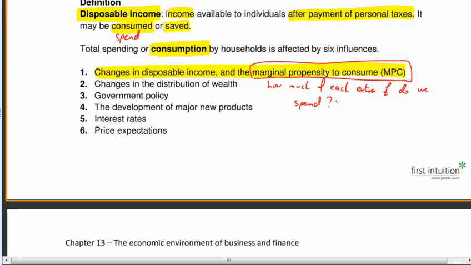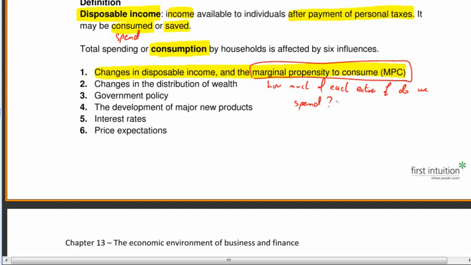Okay, and that can fluctuate. In some economies it might be higher than in other economies. In very wealthy economies, maybe it's not so high because the households in that economy save a lot of their money rather than spending it. Whereas with very poor economies or poor households, the marginal propensity to consume is very high.